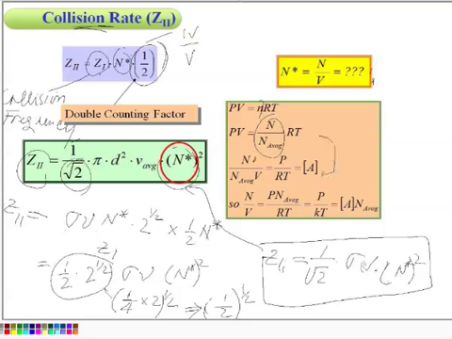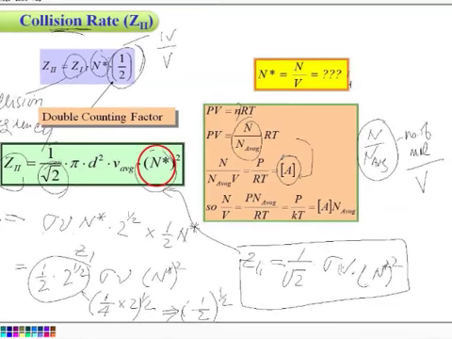And this is equal to A. So how come? Because N per N Avogadro is the number of moles. When the number of moles is divided by volume, it is equal to molarity.